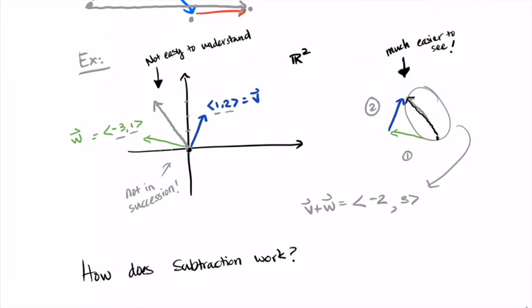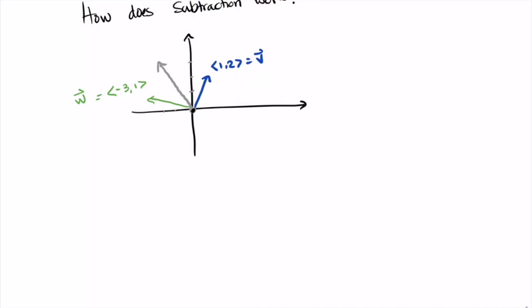What do you think happens when you subtract them? It's exactly the same. So let's pull our same example. And remember that this vector here is our sum, v plus w. Okay, so let's say we wanted to figure out v minus w. Well, if you guessed that you should just subtract them component-wise, you're absolutely correct.